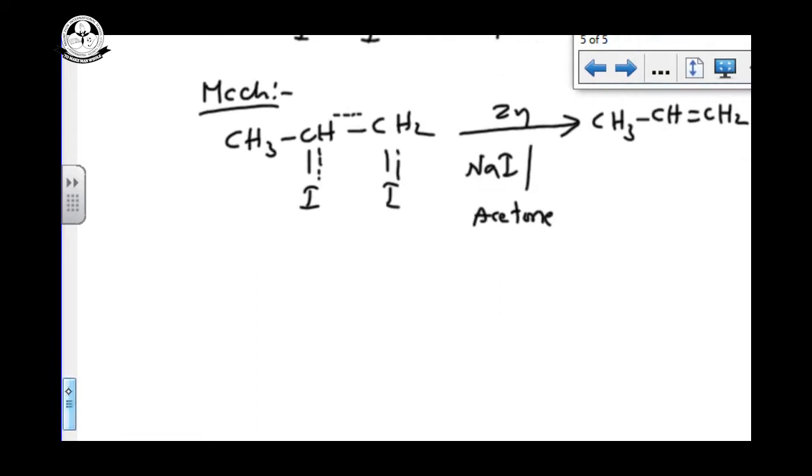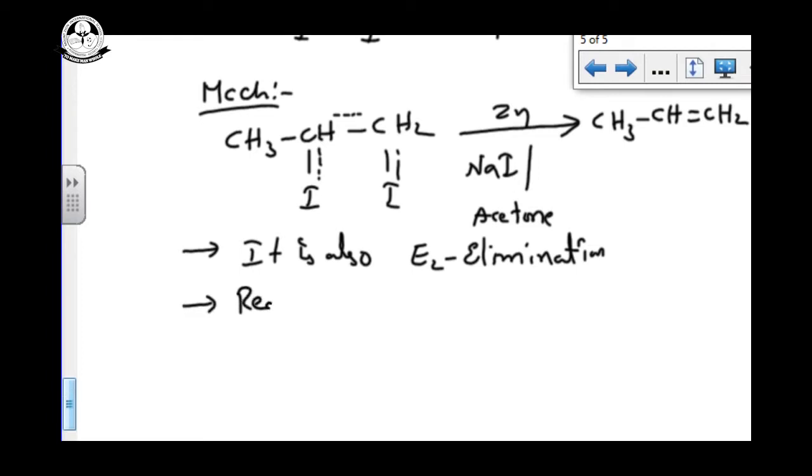But here, like dehydrohalogenation, it can also follow E2 elimination. So in E2 elimination, the reaction intermediate is a transition state.